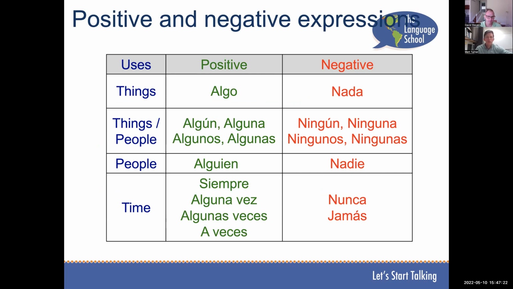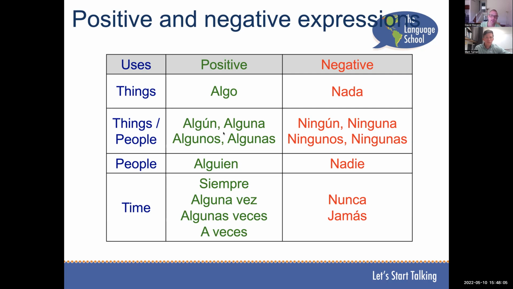Positive and negative expressions. So we've got a thing, an inanimate object, whatever it is. If we're forming a question or a positive sentence, we would say the word algo, something. If we wanted to say nothing, we would say nada. Keep in mind, Spanish uses double negatives. So you have to use no for the verb and then nada for the word. If you're talking about something else or a person, algún can mean something or some.